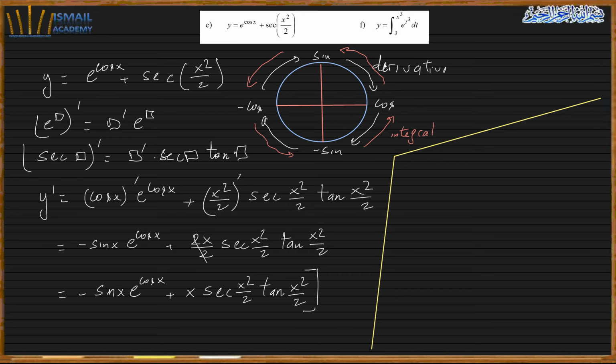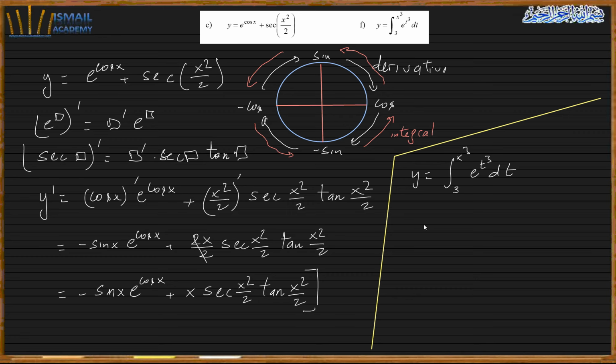Alright, so here they ask me to take the derivative of this. We have y is the integral from 3 to x cubed of e to the t cubed dt. When we have this type of question, keep in mind it's like me doing the chain rule. This is the inside function and this is my outside function.